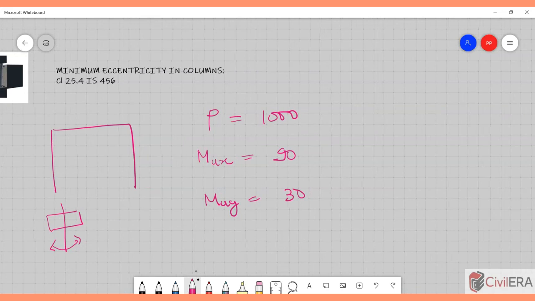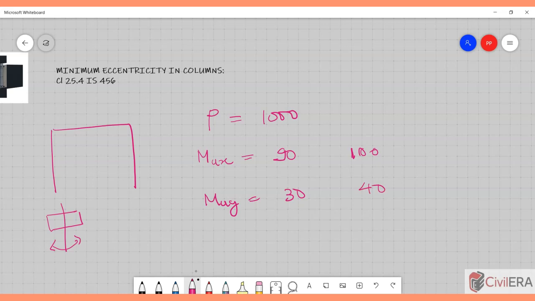Now assume that your minimum eccentricity moment due to the eccentricity in that direction is 100. I'm just writing a figure. It could be less, it could be more. I'm writing it as 100, and assume that in the other direction it is around 40.